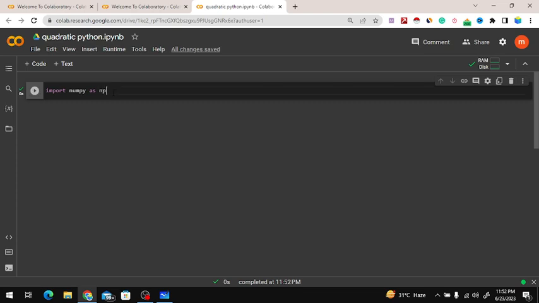It has been imported. Now let's import matplotlib.pyplot as plt.